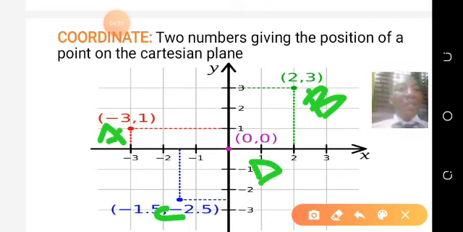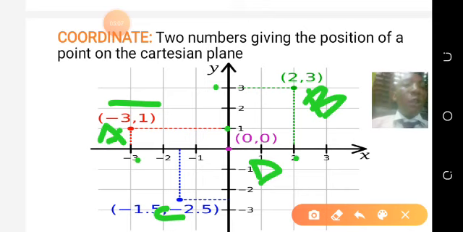Coordinate A on the x-axis is -3. On the y-axis, that is +1. So the coordinate A is (-3, 1). Coordinate B: x-axis 2, y-axis 3.